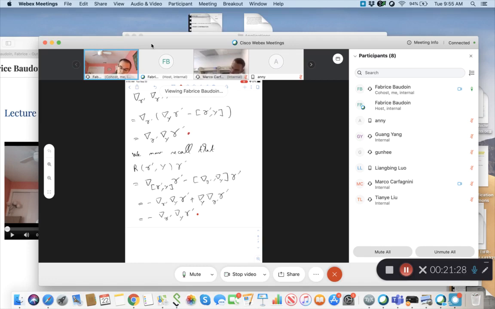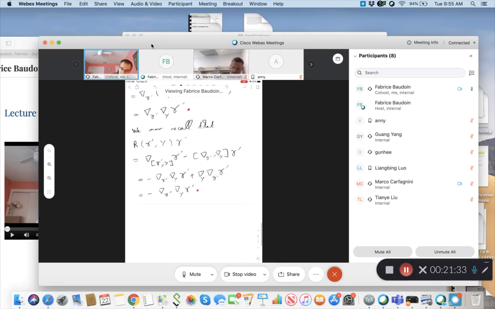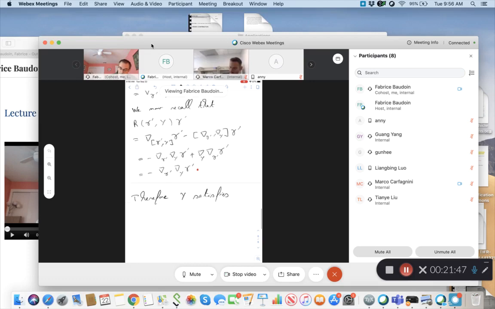So I deduce that we have the following equation. Y is going to satisfy the second order equation along gamma: nabla gamma prime nabla gamma prime of Y plus R of gamma prime, Y, gamma prime is equal to 0.